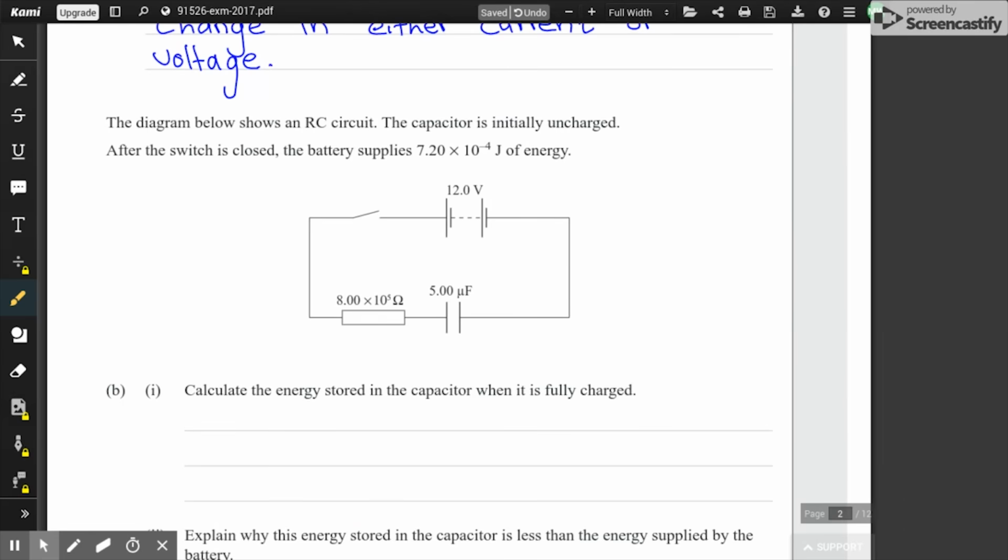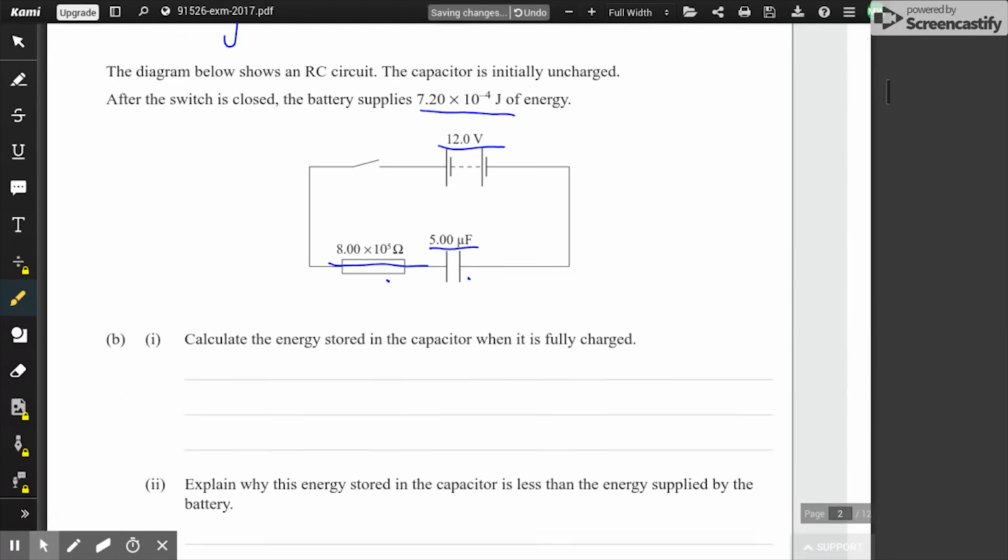Okay, so moving down, we have a circuit, we have a resistor, and we have a capacitor. We're given a voltage here, a capacitance, and a resistance, all of which will undoubtedly come in handy, as well as an energy there. And we're asked to calculate the energy stored in the capacitor when it is fully charged.